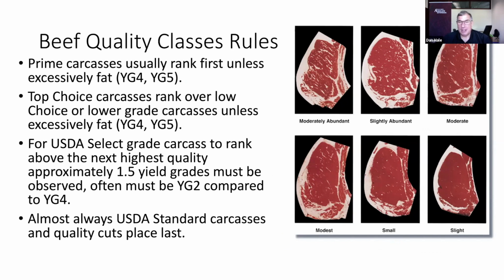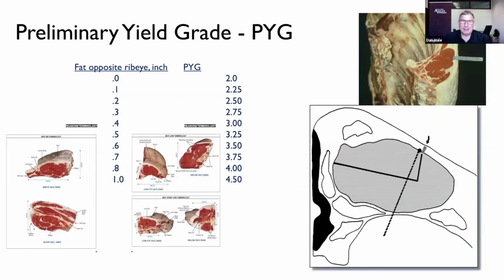We don't know the weights, so we assume that all the cuts weigh the same. We don't know the kidney fat, that's for sure, but we do have a couple of factors that are in the yield grade that we'll see in each one of these cuts. And that is the fat thickness and the ribeye. And standards almost always. The reason I put almost is because you never know. There may be something that I'm not thinking about, but in reality, standards usually go to the bottom.